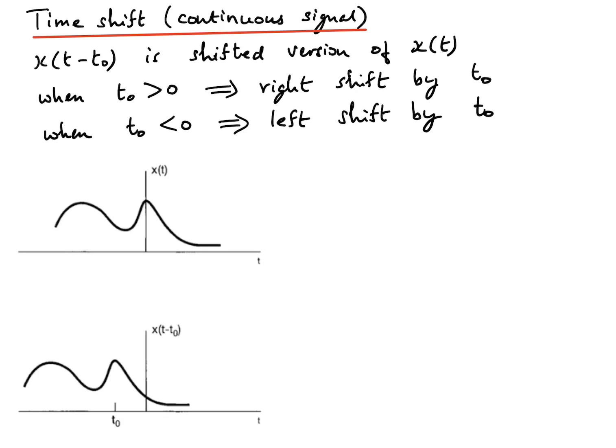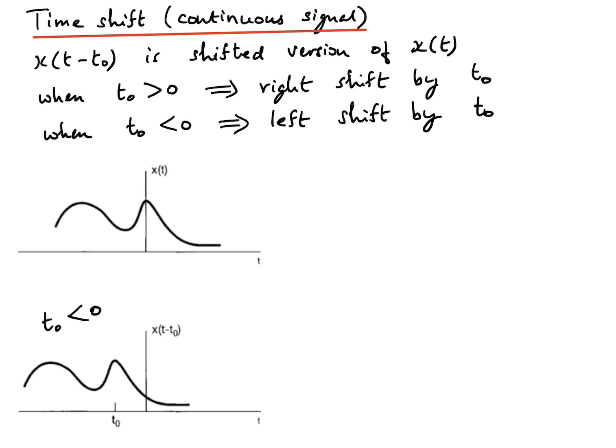Okay, so the amount of shift is given by this value of t naught, and the direction of the shift depends on the value of t naught. So here the shift that is shown is for the case of x of t minus t naught when t naught is less than 0, that is negative.